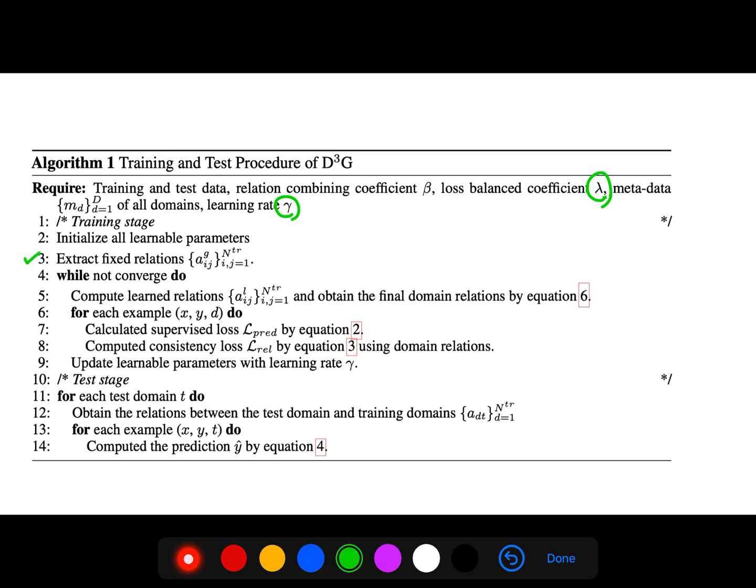So they extract fixed relations here. So this is fixed. Then they go through this convergence loop and then compute learned relations. So this is fixed relations, this is learned relations. And we know the linear combination of them could be useful for the loss.